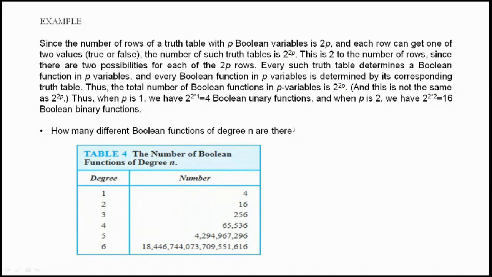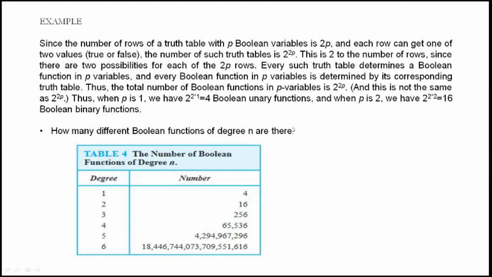If the order is 2, how many Boolean functions can you make? 2 power 2 power 2, 2 power 4, that is 16 functions you can make. So the number of Boolean functions of degree n: degree 1 means 2 power 2, 4 you can make, okay? And if degree is 2, then 2 power 4 you can make.